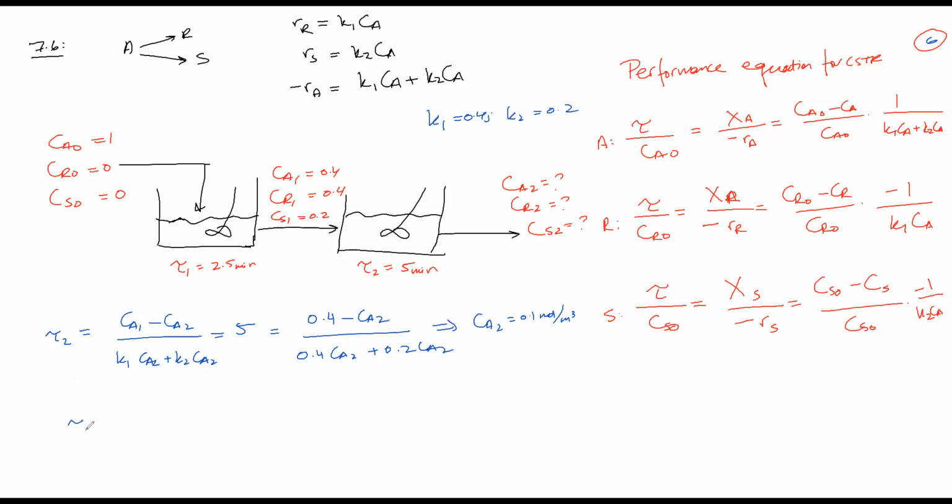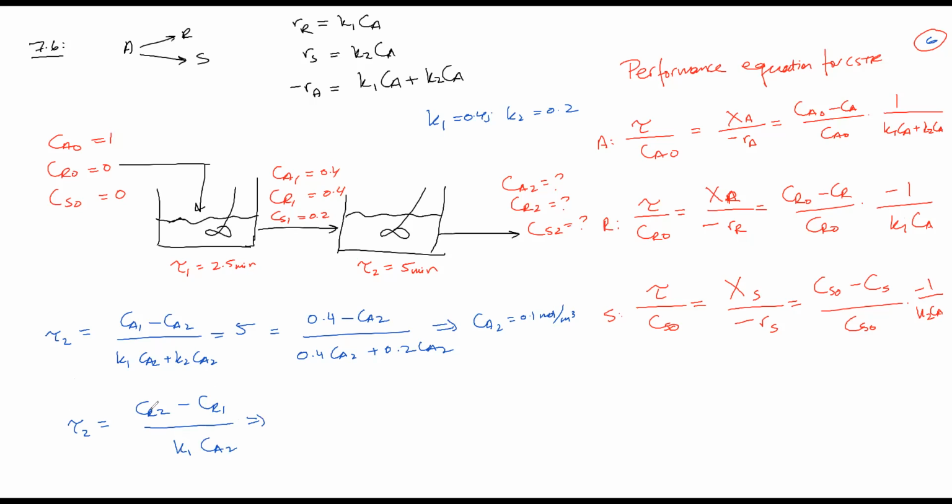Once you have CA2, you can get your CRs, again, using these performance equations. Similarly, using the performance equation in terms of R, I have tau 2 equal to CR2 minus CR1 over K1 CA2.